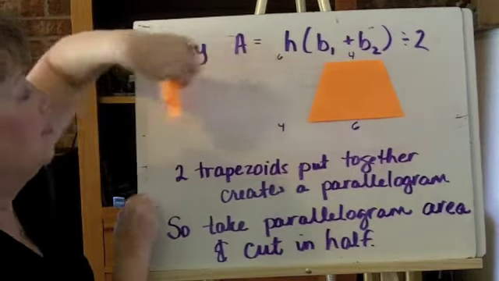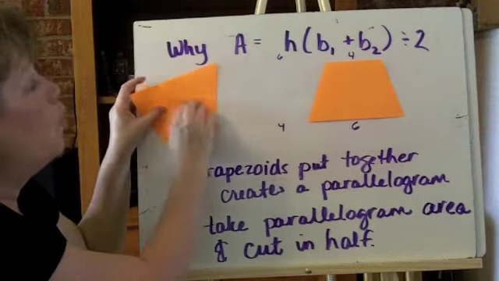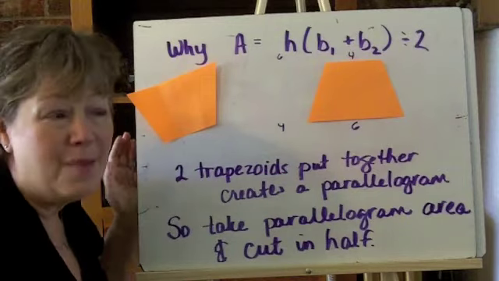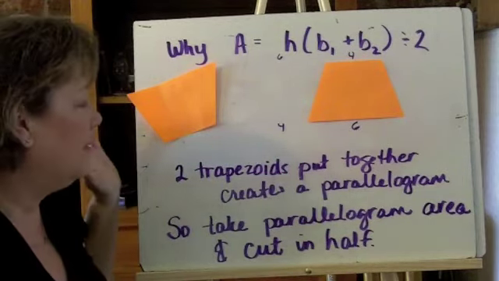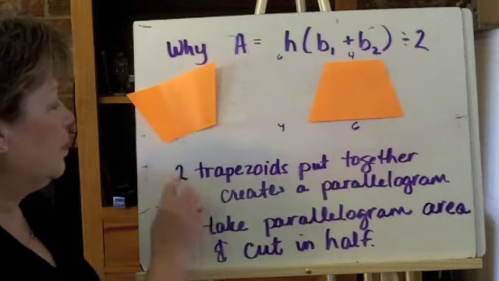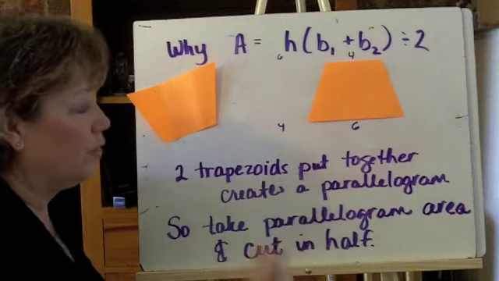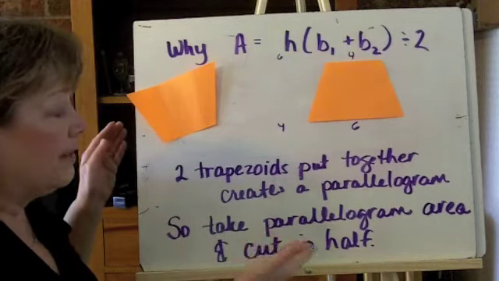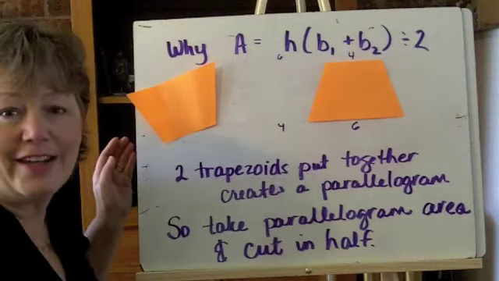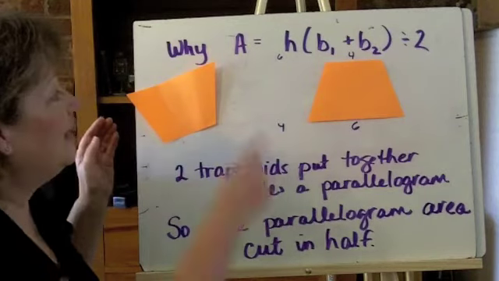So that is the premise behind why the formula looks that way, because it's a parallelogram cut in half. So I'm going to cut the formula in half. Two trapezoids put together creates a parallelogram. So we'll take that parallelogram area and cut it in half. And again, that's the formula.